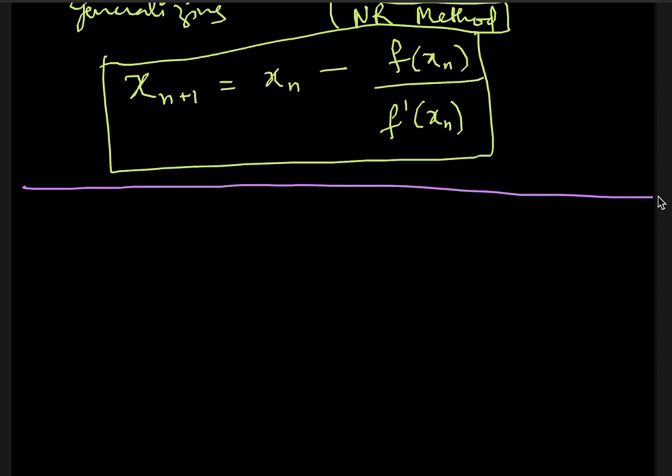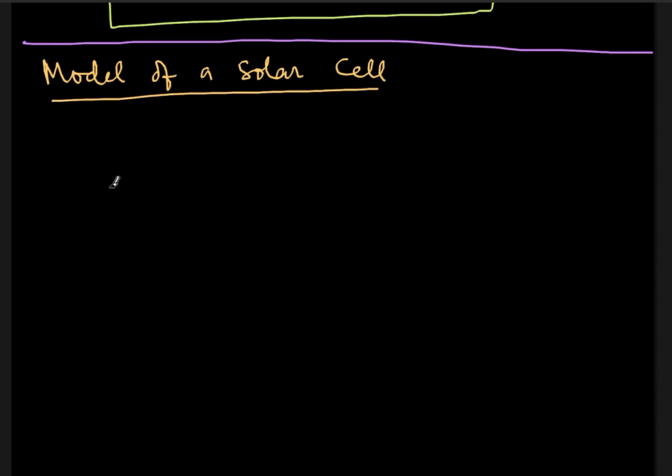Now for solving this example function, I will take one famous example from electrical engineering, that is the model of a solar cell. I'll take a very simplistic and idealistic model: there is a current source and an anti-parallel diode.